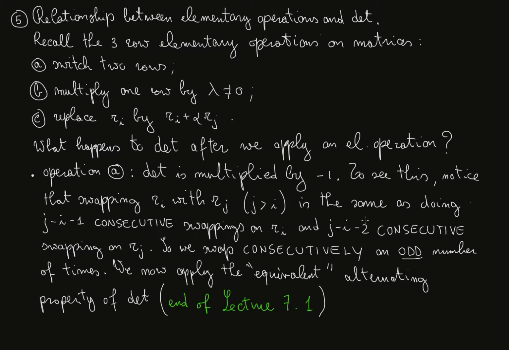So if we sum in this case j minus i minus 1 plus j minus i minus 2, we will certainly get an odd number, because one of these two numbers we sum is certainly odd and the other one will be even.